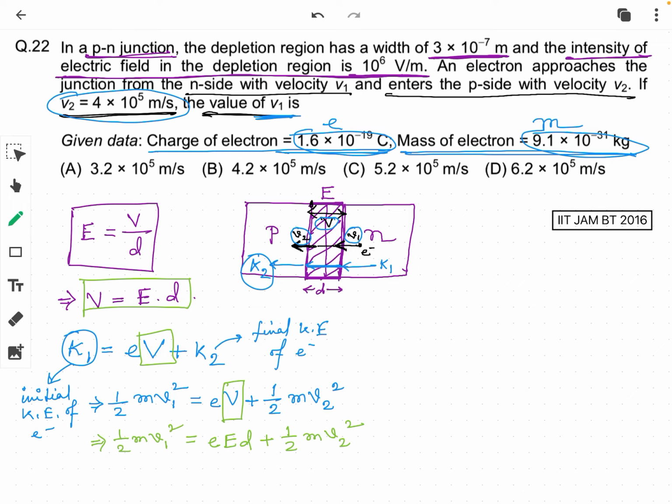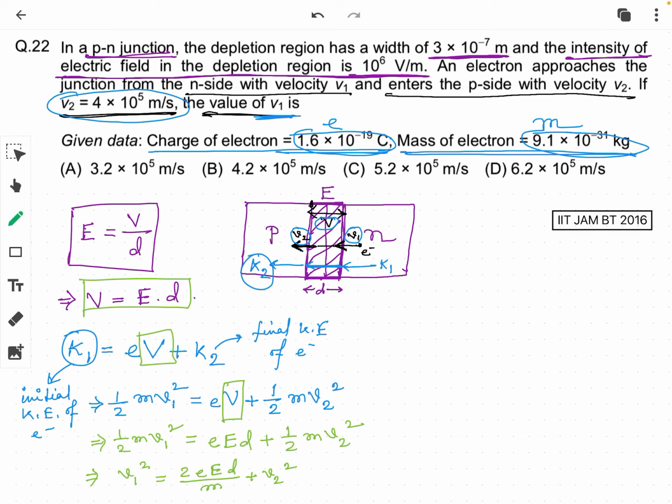So if we simply divide both sides by half m, we get V1 square equals 2e capital E d by m plus V2 square.